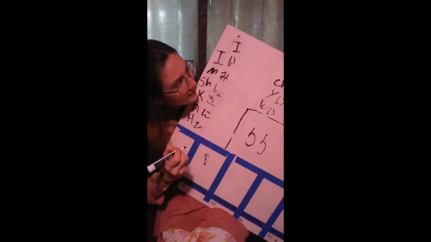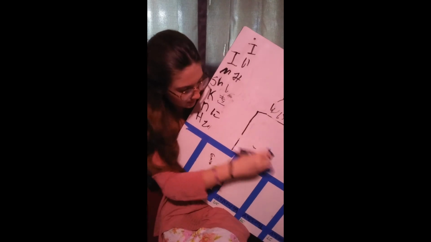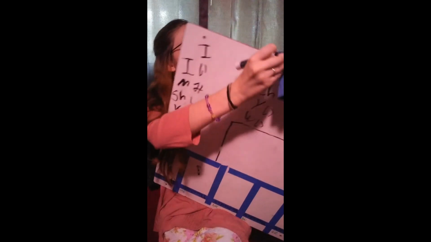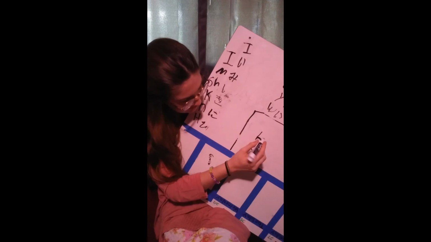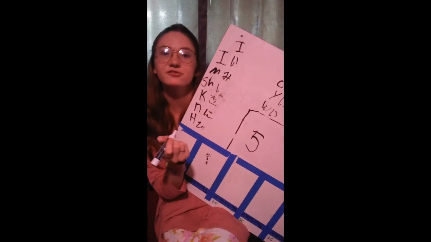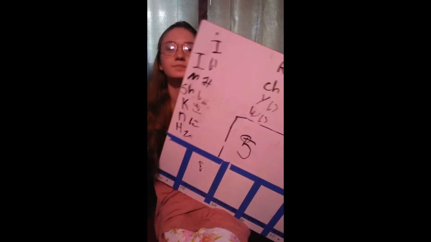Okay. Chi. You know, like how chi is like Chinese is like an art form, martial art form almost. So chi is gonna be, you're gonna have to remember this. There's no funny saying, but chi is a weird 5. Weird as in it has this thing right here.